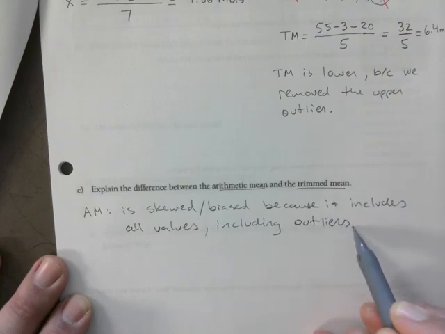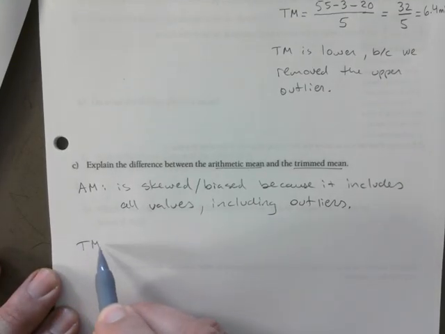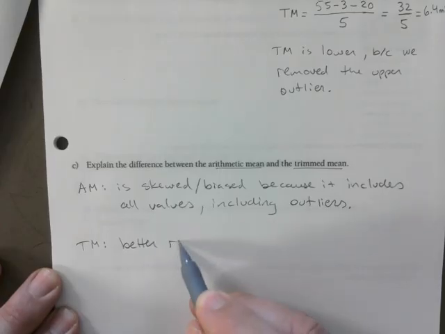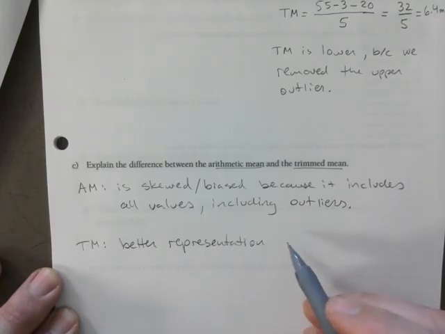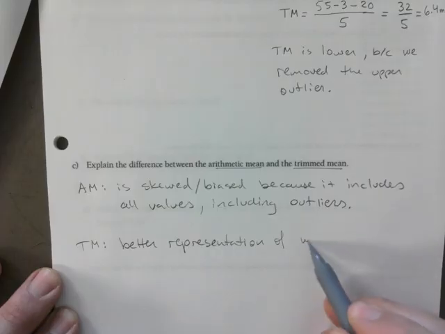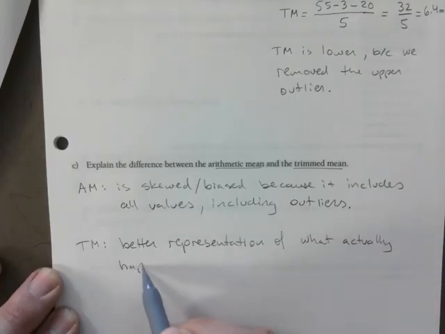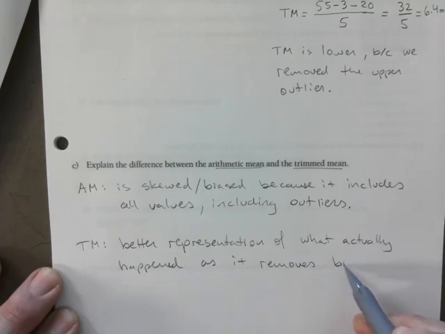Versus the trimmed mean, it's a better representation of what actually happened as it removes bias. In other words, the outlier or outliers.